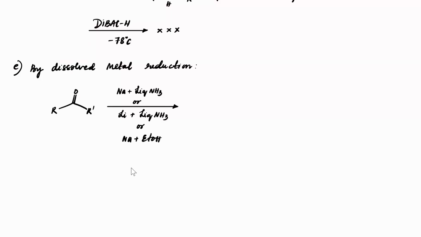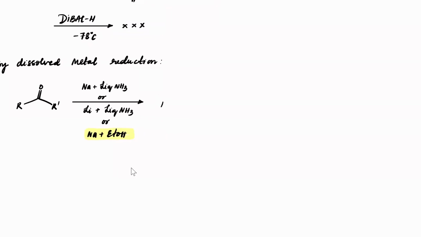Now, out of these three reagents, sodium and ethanol is the one we will be using the most. They all will again help in getting a reduction done with OH and H and R dash. This is the product formed.